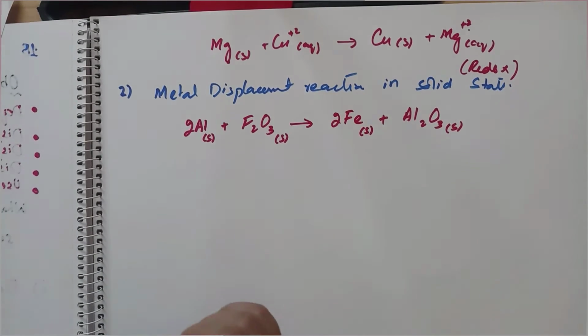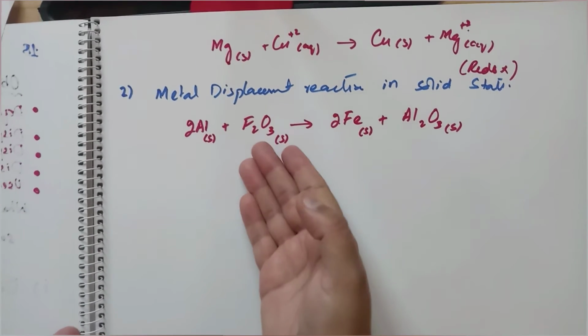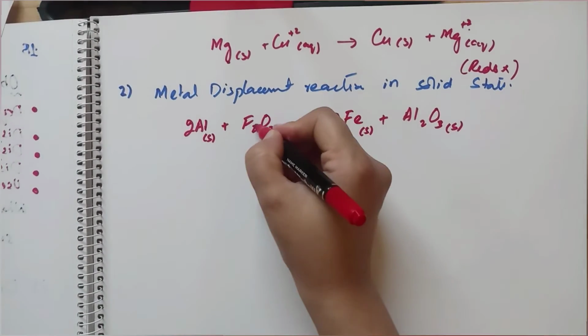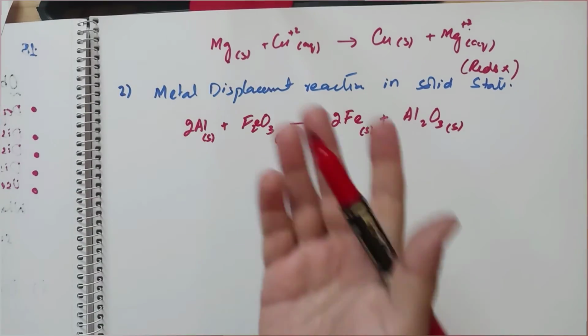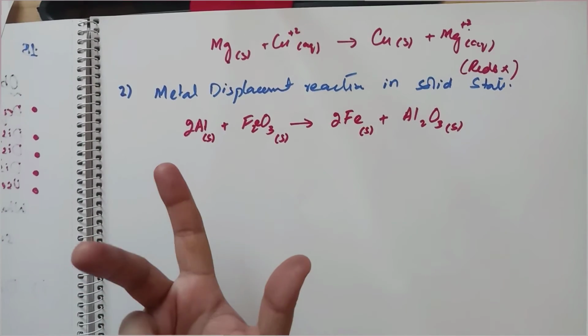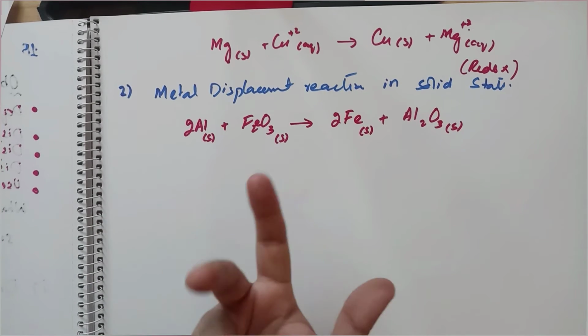For this purpose, the thermite method is used. In a mixture of ferric oxide and aluminium, a magnesium fuse is lit, and this reaction occurs.